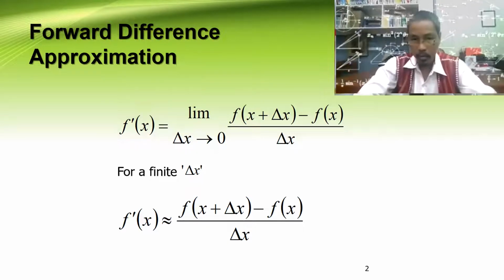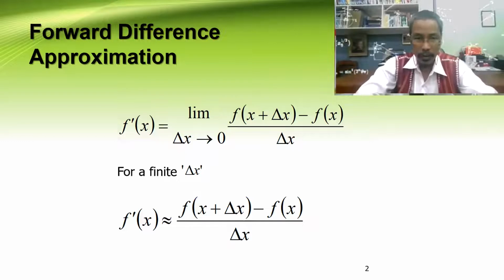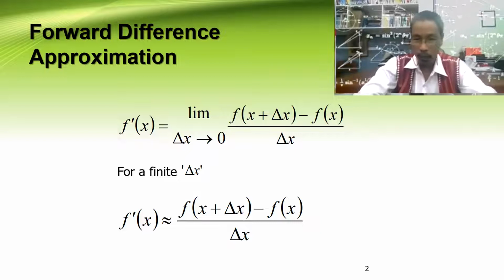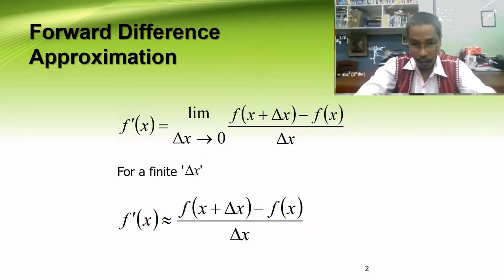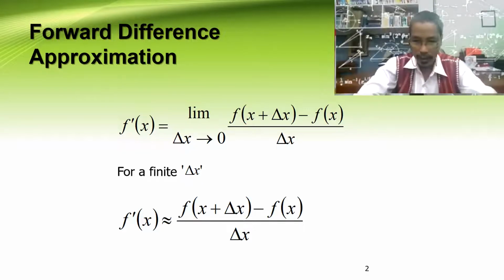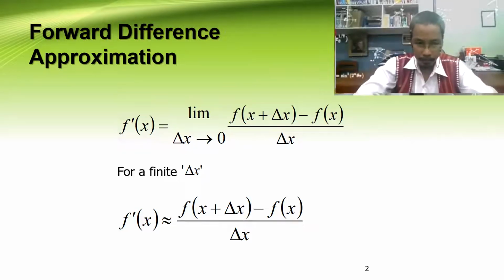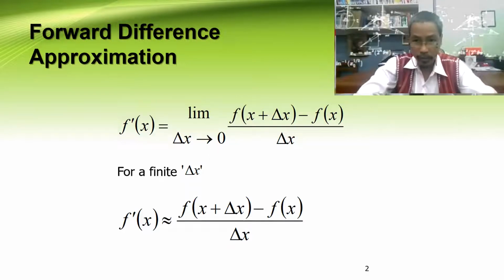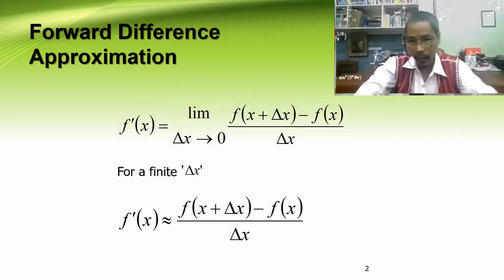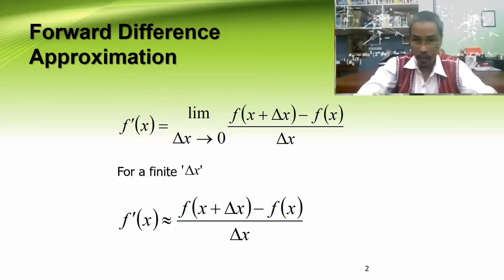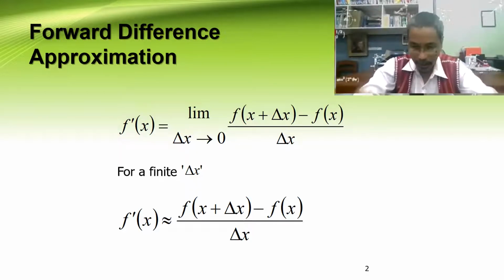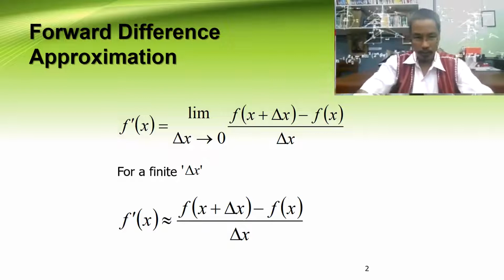But computers nowadays allow very, very small values for delta x, and therefore the accuracy and precision approach the exact value. The approximation approaches almost 0, almost negligible error.